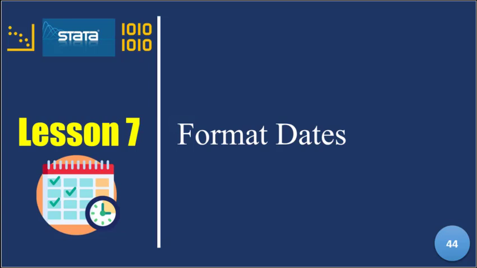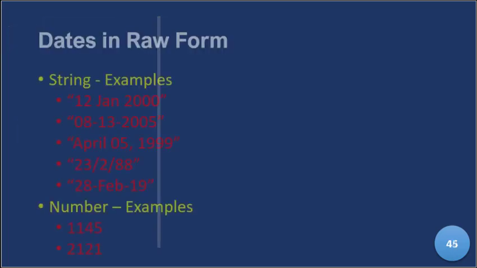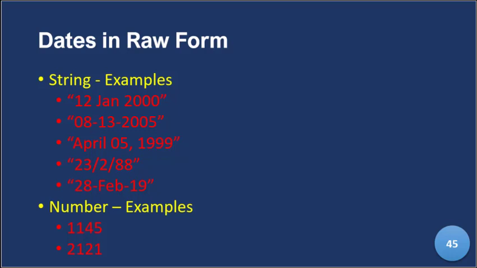So let's carefully look at a few examples. We had explained this before, but we can now look closely. When dates come in raw form, remember we're doing data preparation, they could come like this, 12 January 2000, and they're always read by default as strings.